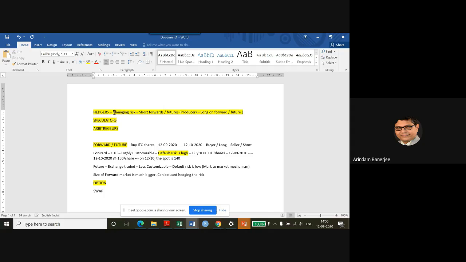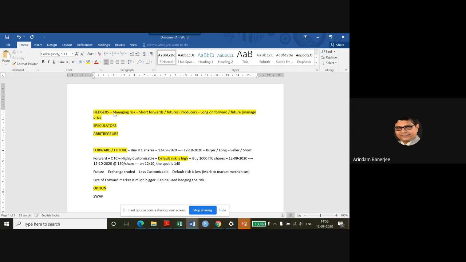So to manage the price risk of input, I can go long, and to manage the price risk of output, I go short. So hedgers can use forwards or futures for managing the risk.